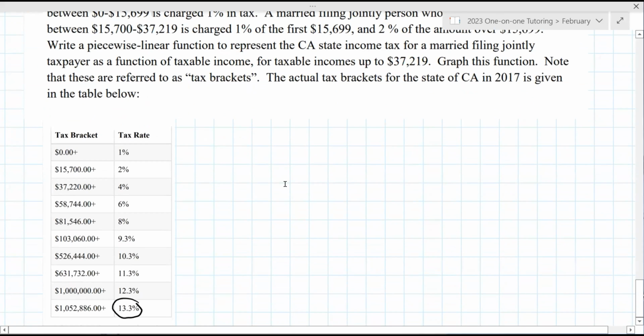If you make anything in California, you're going to pay a 1% tax on the first $15,700. Actually, the bracket should be more like this: 0 to $15,699. You pay 1%. That's really how the bracket should be read.